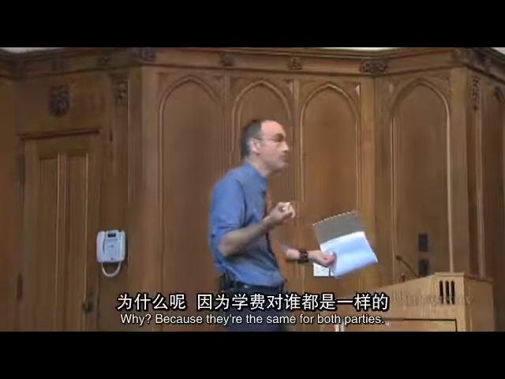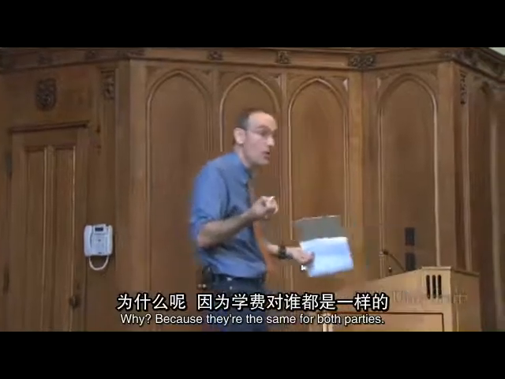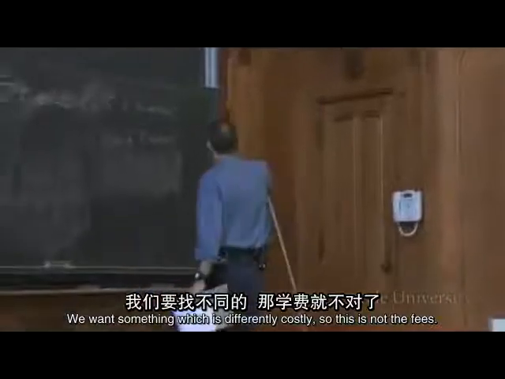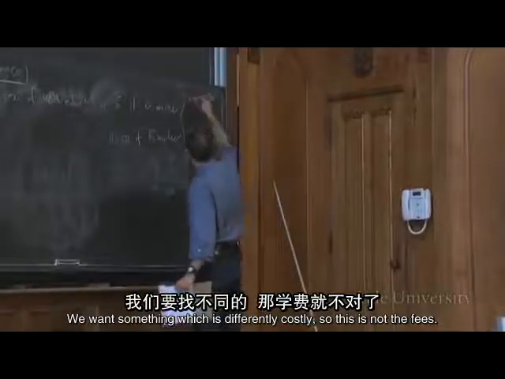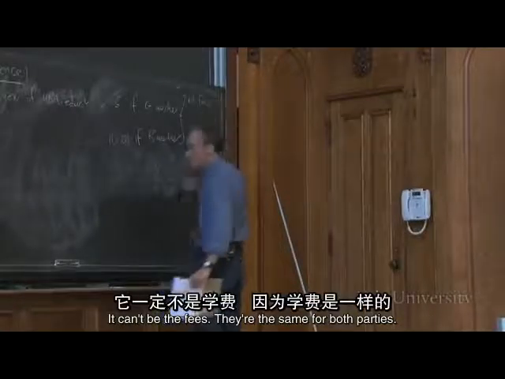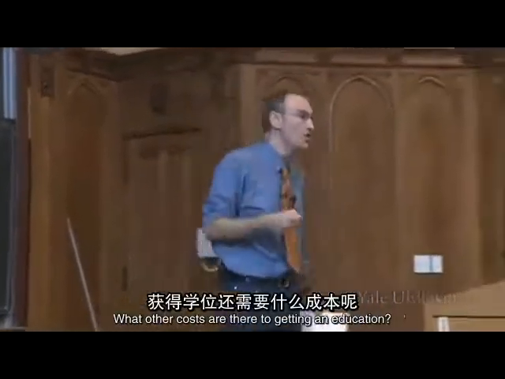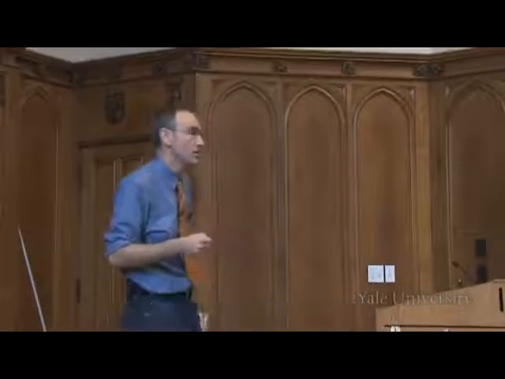Why? Because they're the same for both parties. We want something which is differently costly. So it can't be the fees. They're the same for both parties. What other costs are there to getting an education?